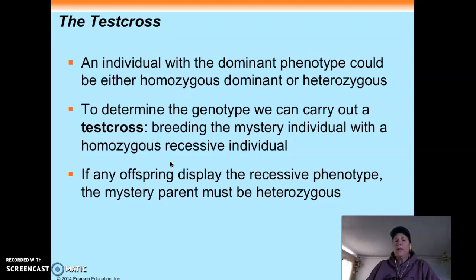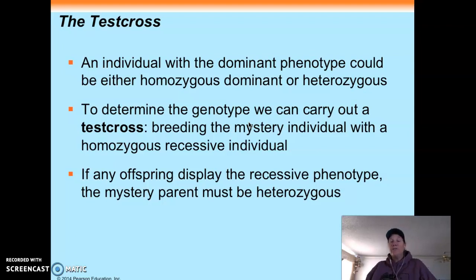So if you take one that's purple and breed it with a white one, because they have the recessive trait, and none of the offspring are white, then that one is homozygous dominant.